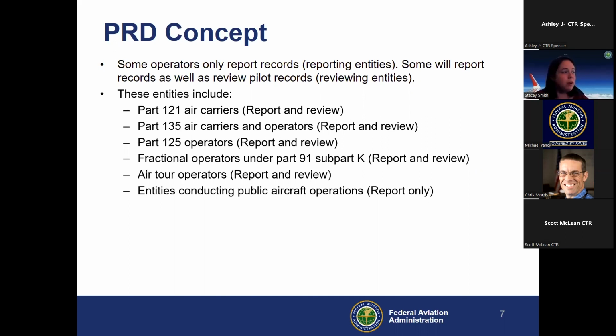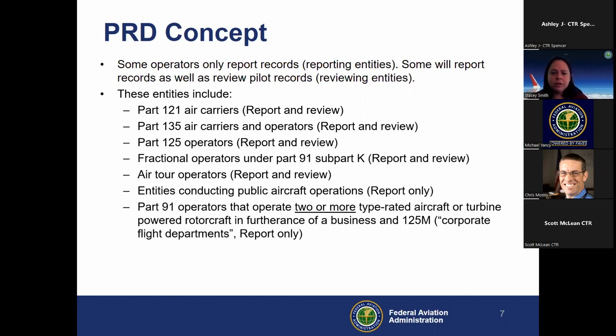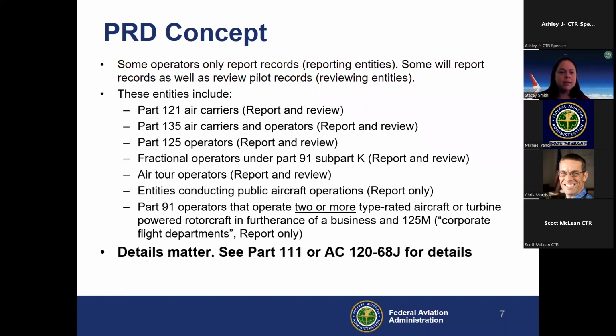In addition, Part 91 operators who operate 2 or more type-rated aircraft or turbine engine powered rotorcraft in regards to business and 125M. This includes corporate flight departments. If you need any additional information for the reporting requirements, please review Part 111 and AC 120-68J for details. We also have the links to these resources on our website.